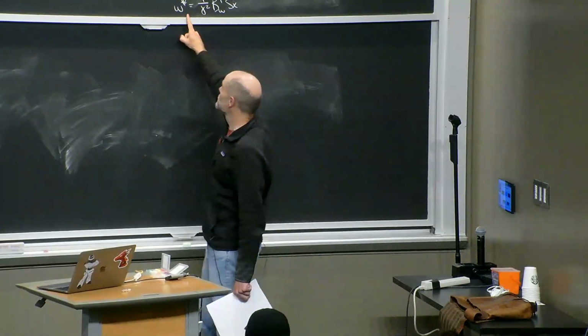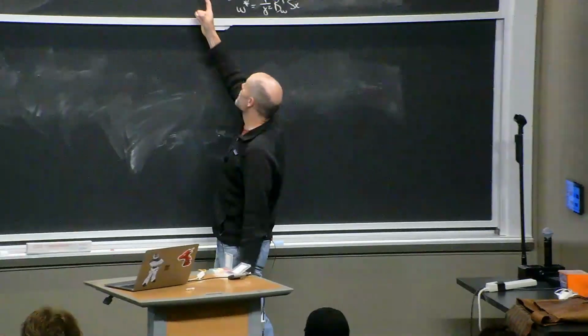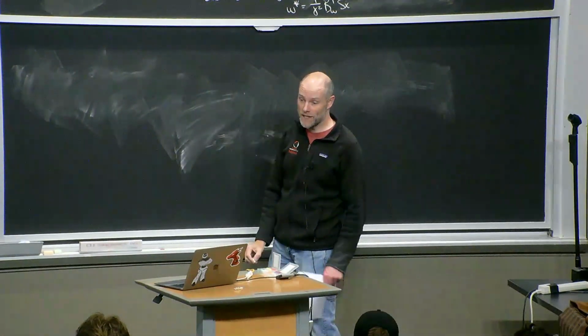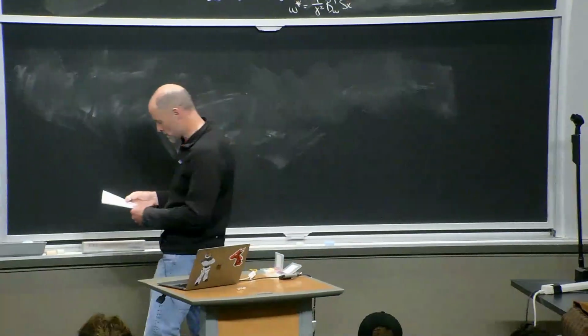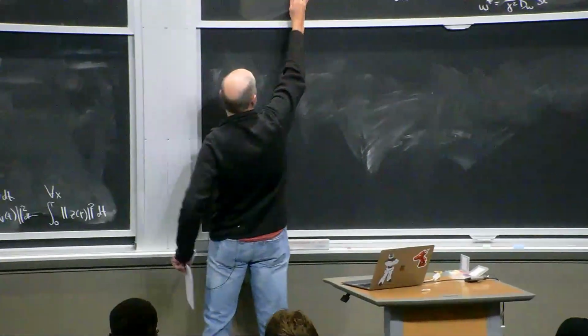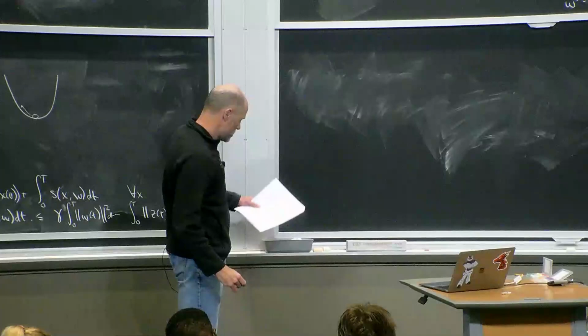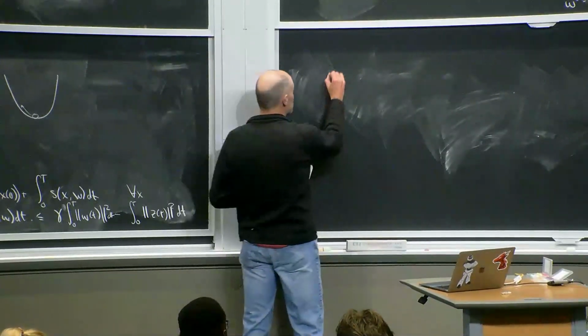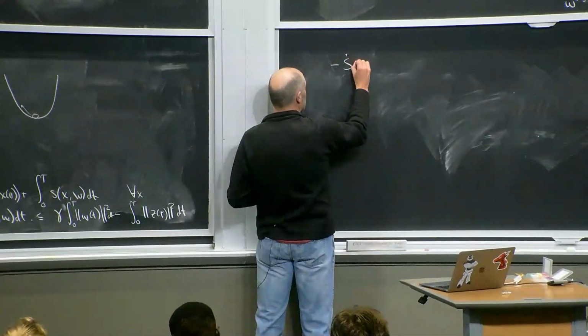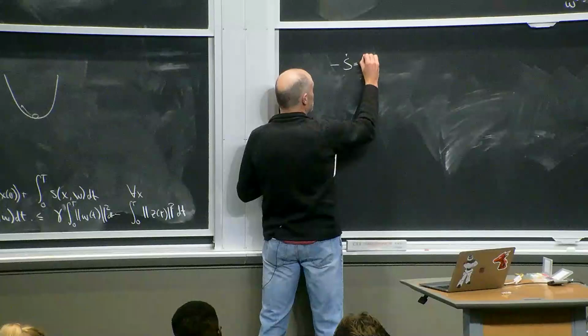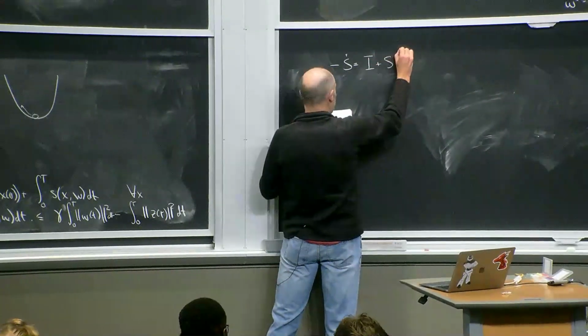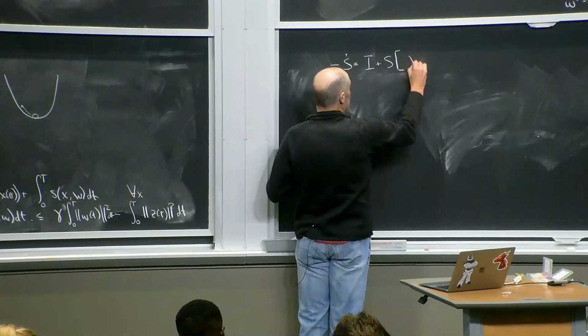I can stick W star back in here, and I get just a modified Riccati equation. And then I can solve for the min over U the way I did before. Long story short, you get a differential Riccati equation that looks almost exactly like what we had before.